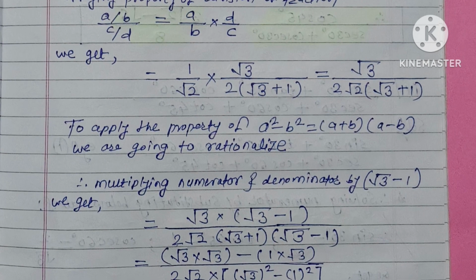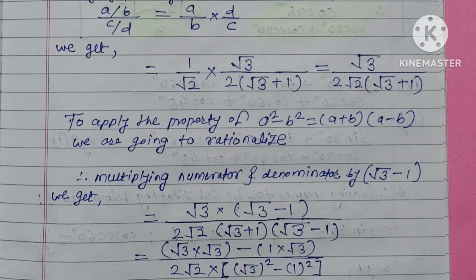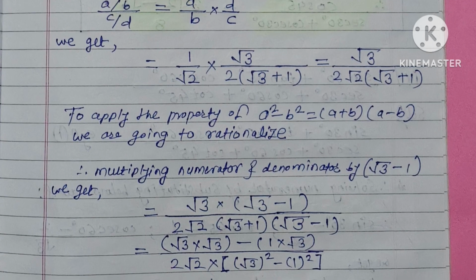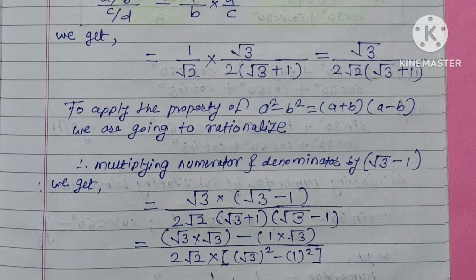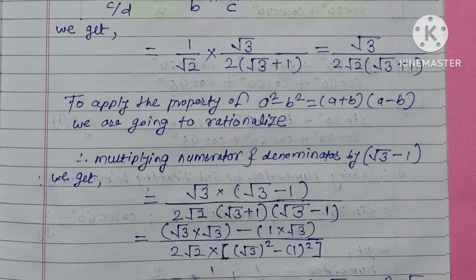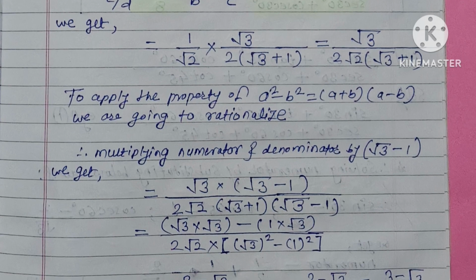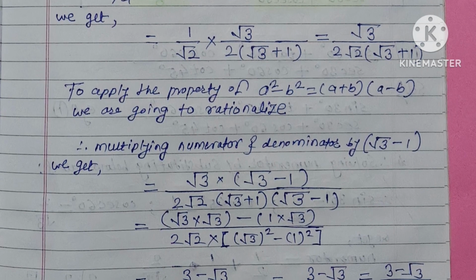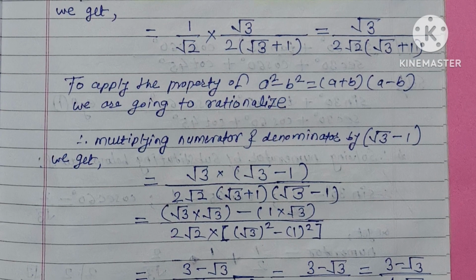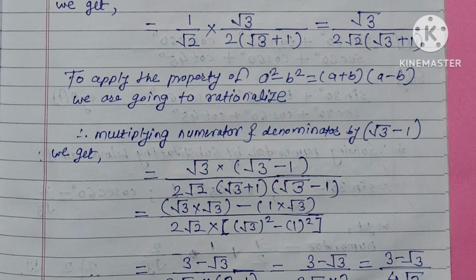So after multiplying the numerator and denominator by under root 3 minus 1, we'll be left with 3 minus under root 3 divided by 4 under root 2. Okay, now why are we multiplying and dividing with the same value? Because we need to keep the equation balanced.